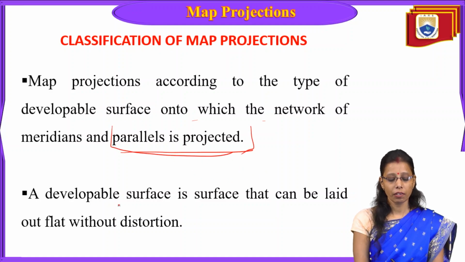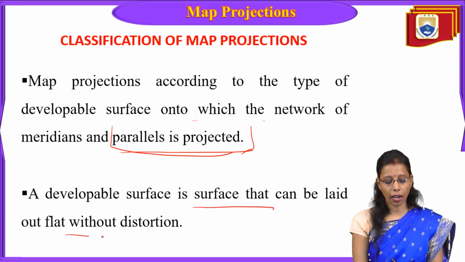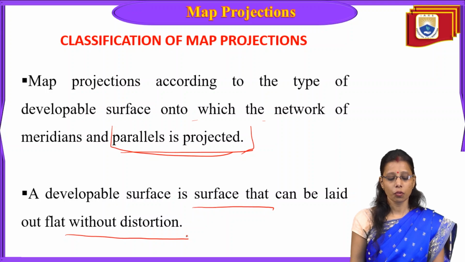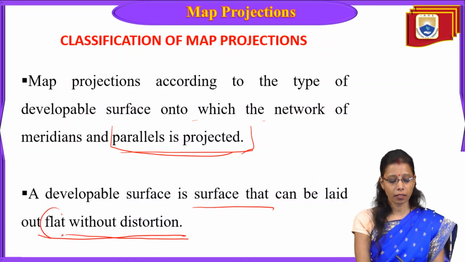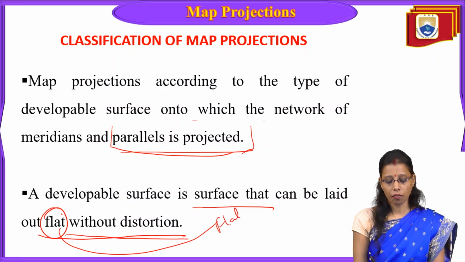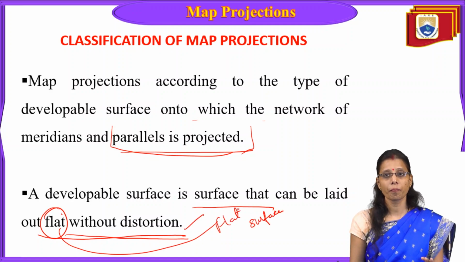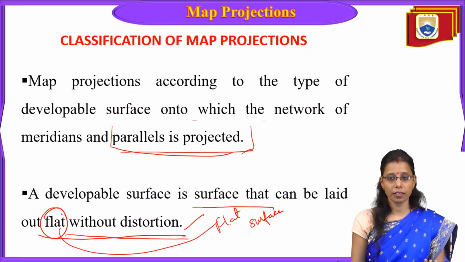A developable surface is a surface that can be laid out flat without distortion. In the previous slide I also told you, converting the information from 3D to 2D, it is laid out on the flat surface directly, without any distortion.